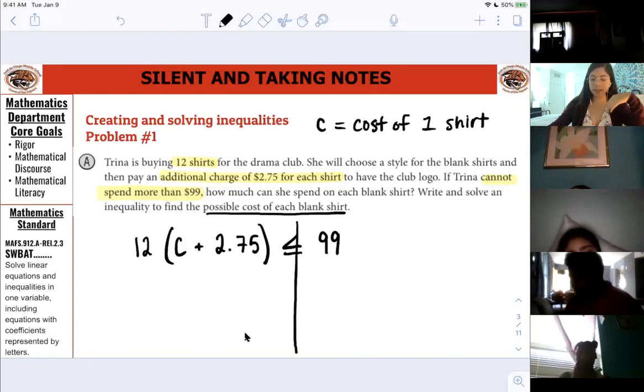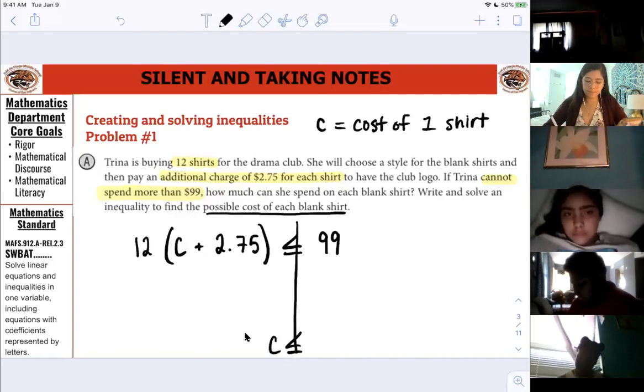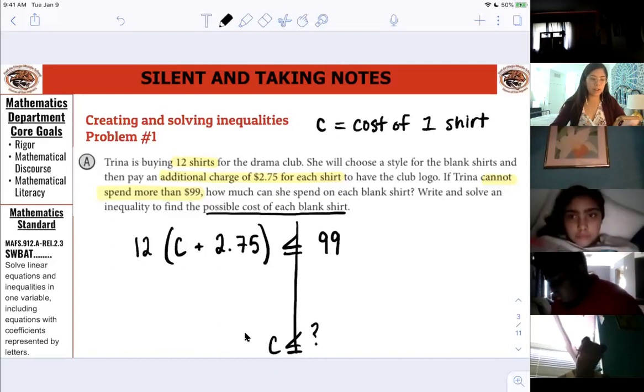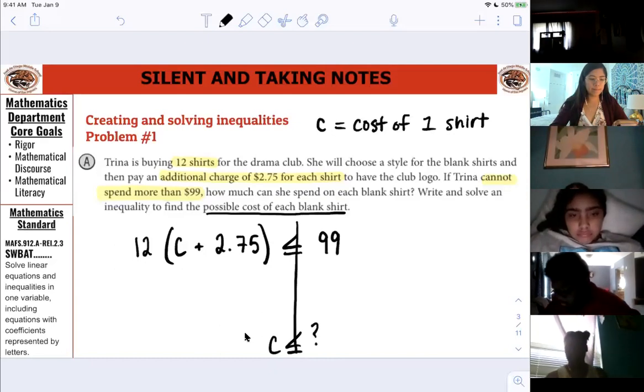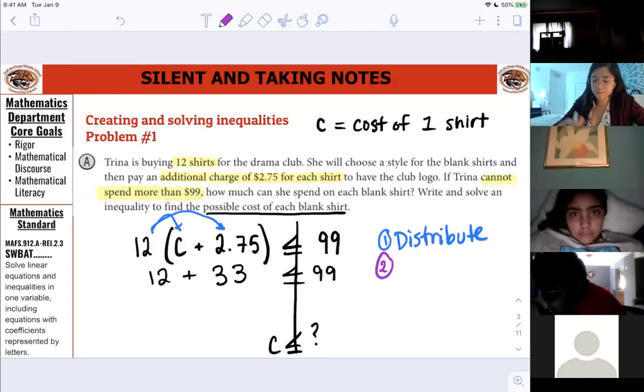You're just going to get C is less than or equal to something. 2 minutes on the clock. If you get an answer, you can put it in the chat.